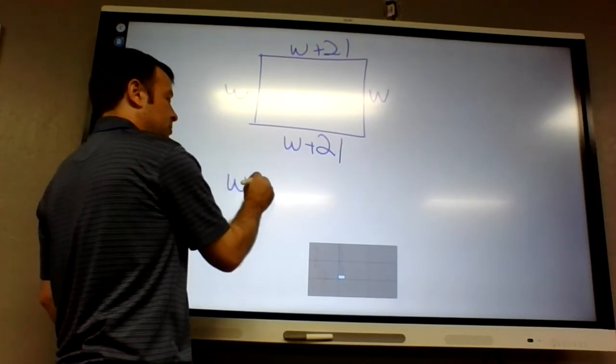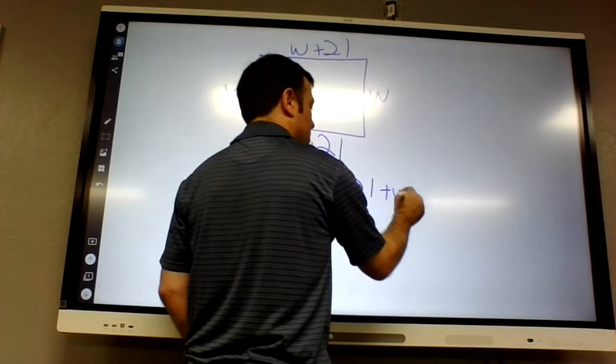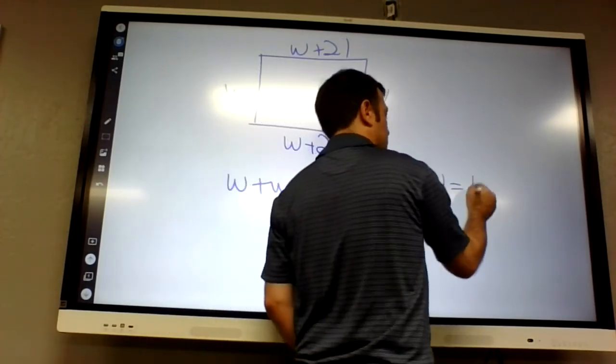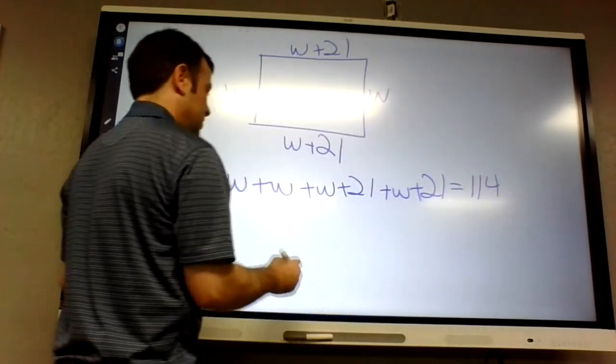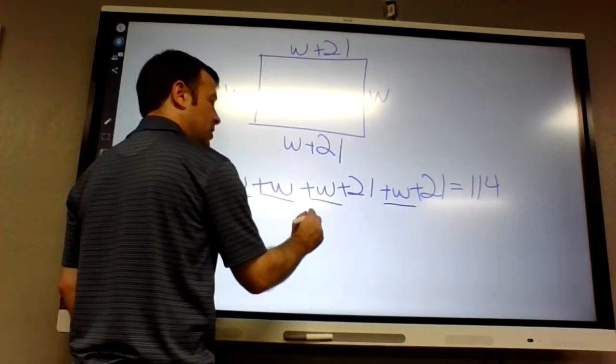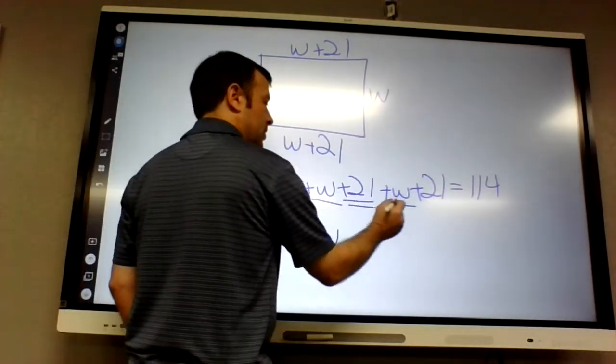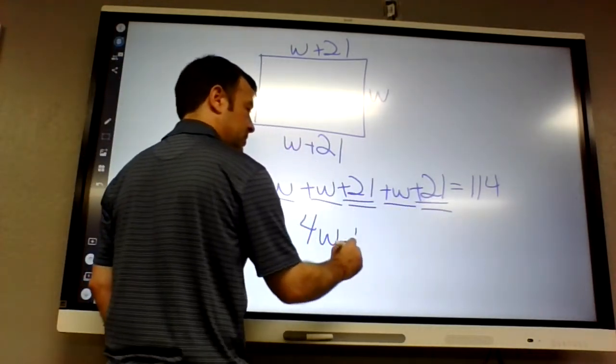So it's W plus W plus W plus 21 plus W plus 21 equals 114. How many W's do we have? 4W. But it does remind me that that is the width. Plus 42.